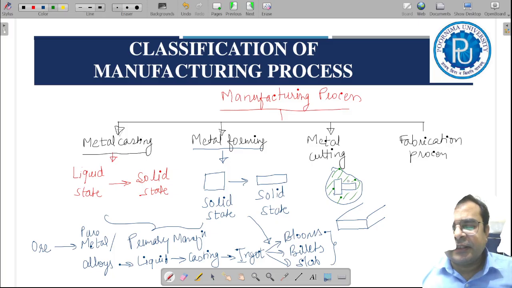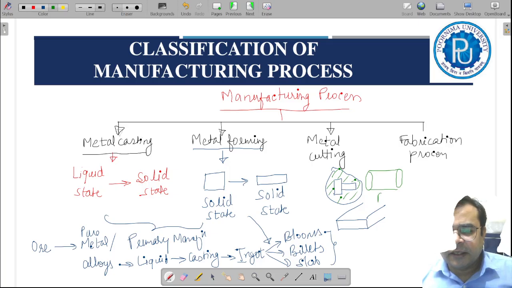And obviously this is a secondary manufacturing process, where you have a particular sheet, a plate, a slab, a billet, anything. From this you just cut the extra material. Let's suppose, for example, if you need to make a shaft, then first we make a cylindrical rod with the help of casting and forming process.